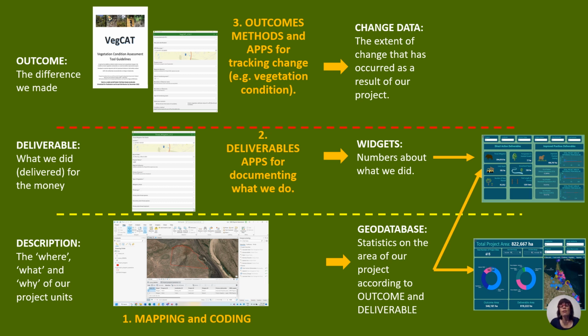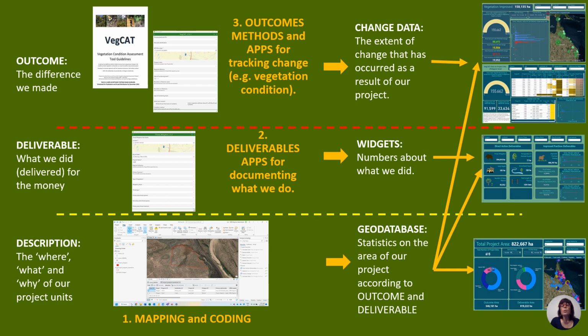So even those two levels alone can be undertaken consistently across the state for all projects at very little cost. Of course, when it comes to condition monitoring, where we are going out into the field, doing our condition plots and reporting back on the extent of change as a result of our project, that's where it becomes much more expensive.